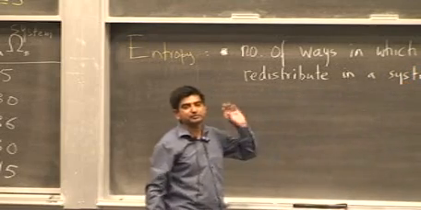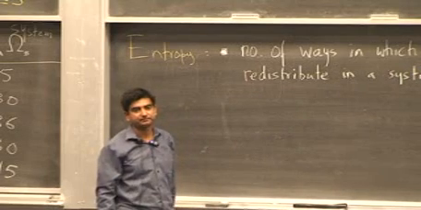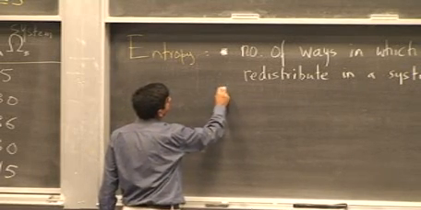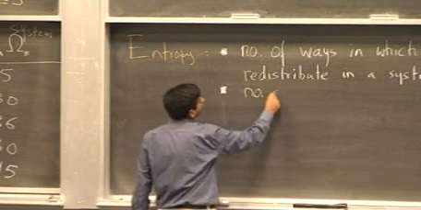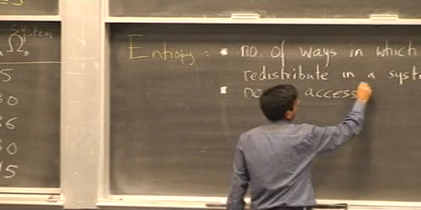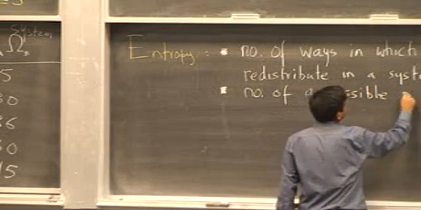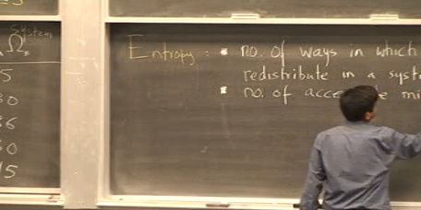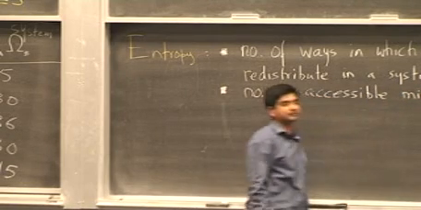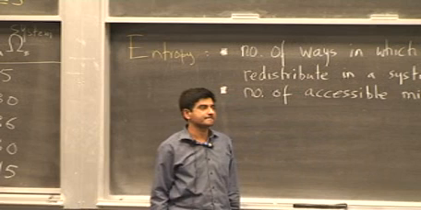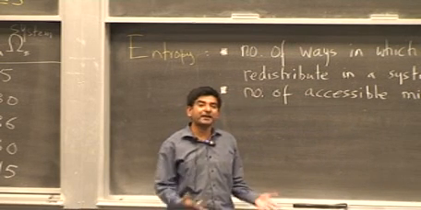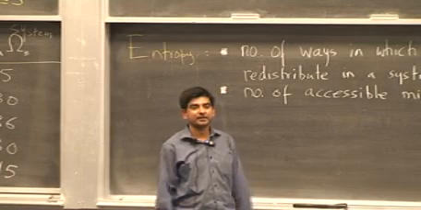It's one possible definition of entropy. Another possibility is that entropy is the number of accessible microstates. Right? How many microstates are available?